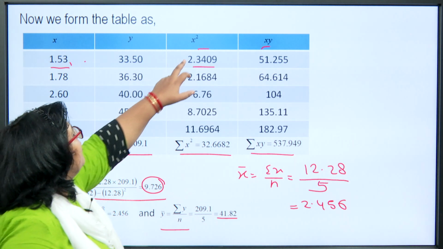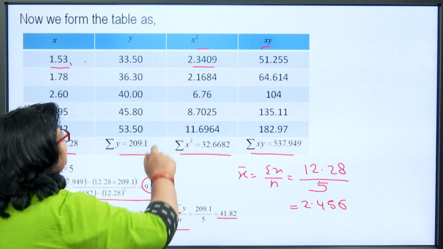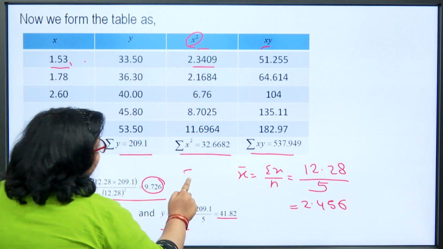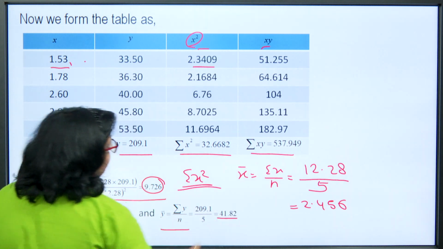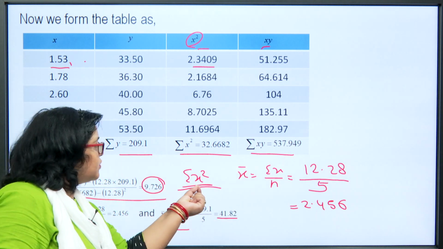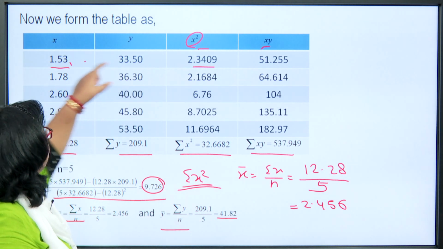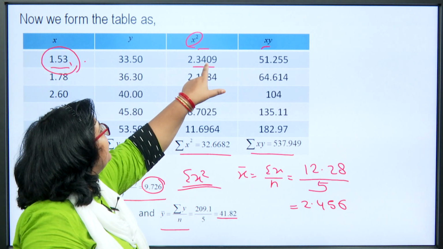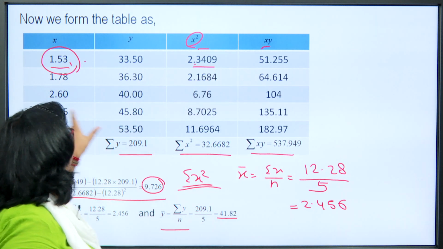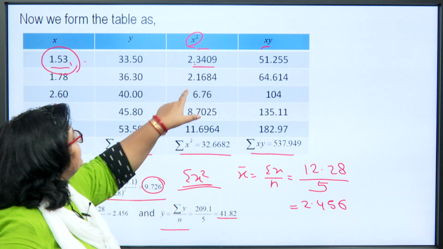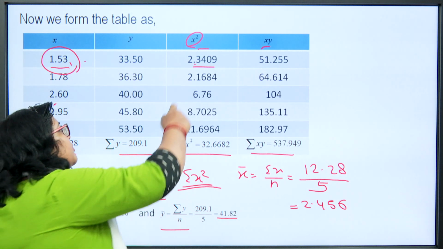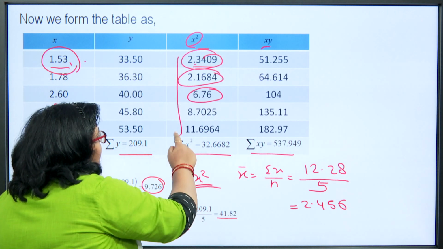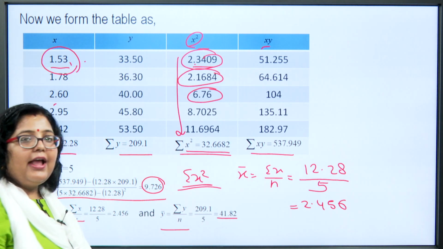Always remember the mistake students make: summation x square is not the square of the sum, it is the sum of the individual squares. 1.53 square is 2.3409, 1.78 square is 2.168. After squaring individually, we sum all these values to get summation x square.